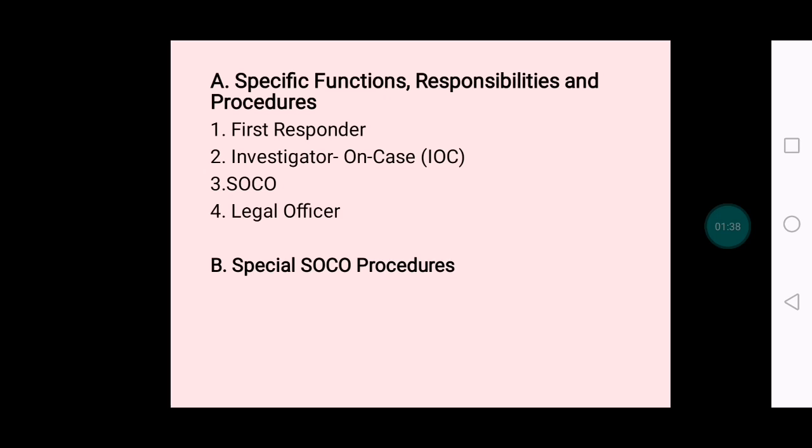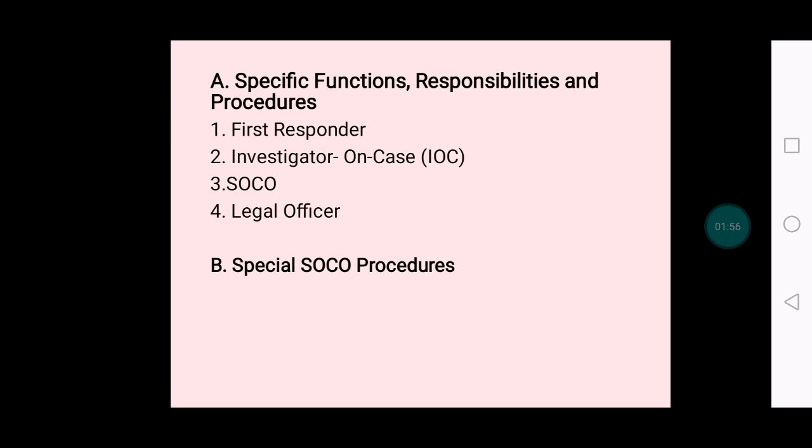They are responsible for identifying the scope of the crime scene. They will secure and preserve volatile evidence. Their priority is always the safety of those who are at the scene, to save and preserve lives.